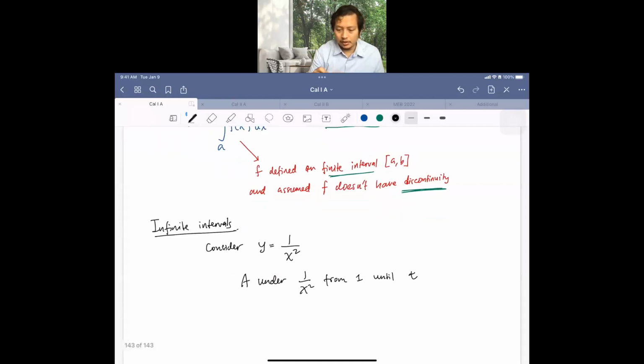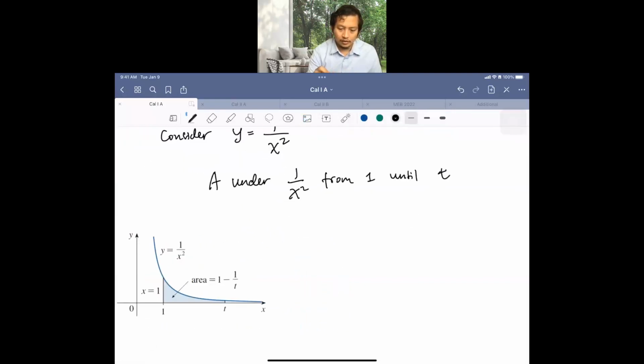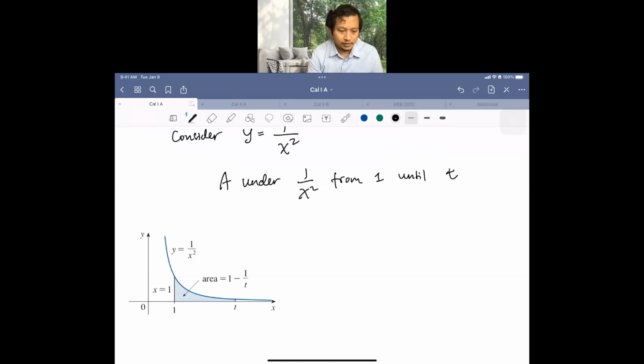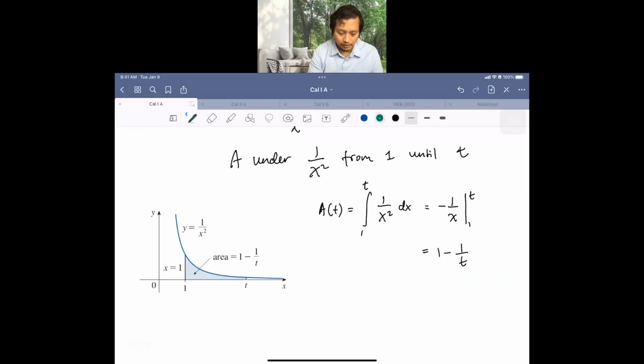For illustration, this is what we are going to find: the integral from 1 to t of 1 over x squared dx. By doing this integration, we know the antiderivative is minus 1 over x, evaluated from 1 to t, which gives 1 minus 1 over t. So the area is 1 minus 1 over t.